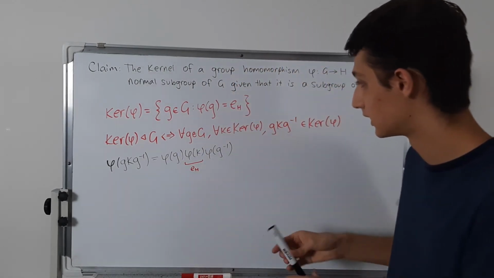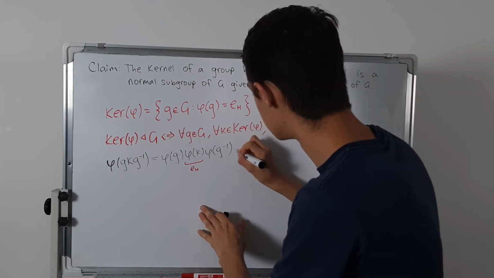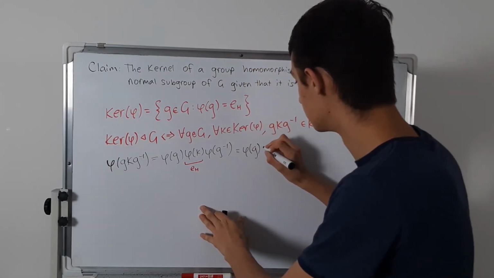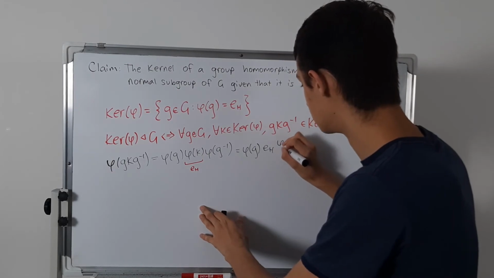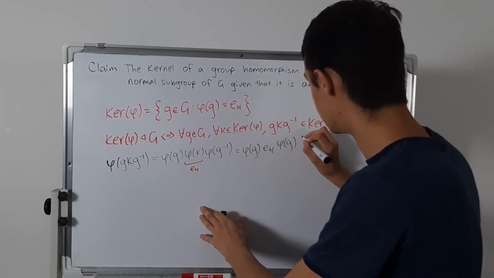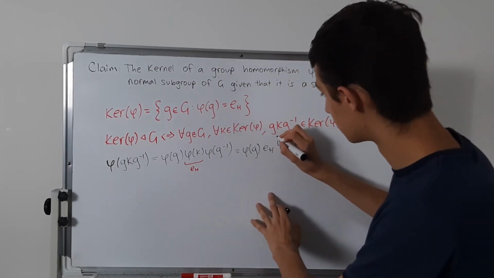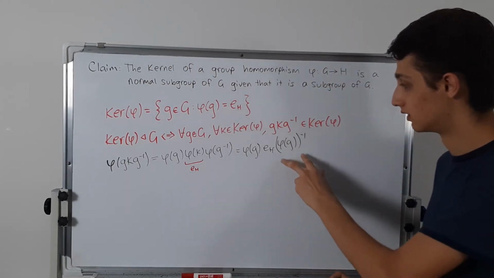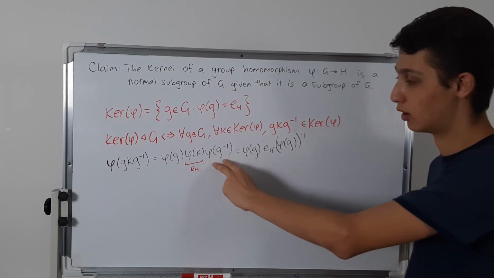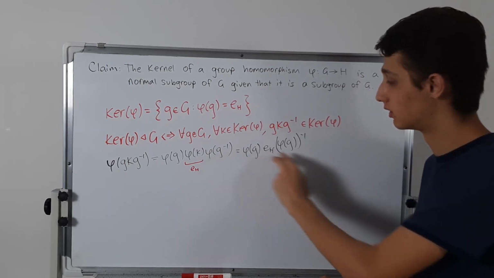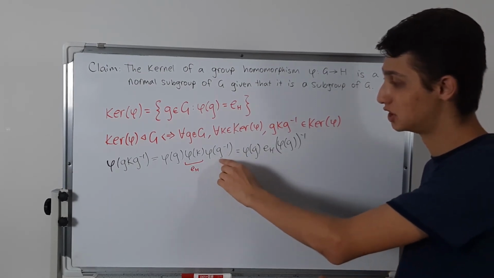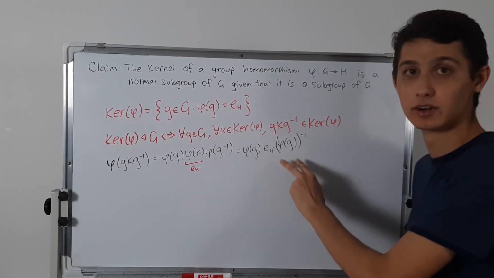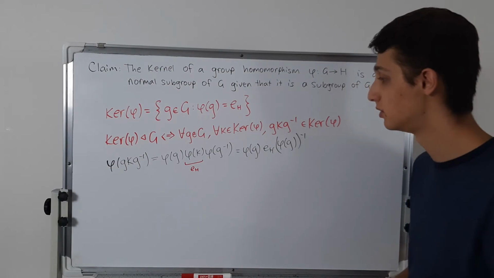So what that means is that we can rewrite this as phi of g times the identity in H times phi of g inverse. And that's because a homomorphism will map inverses to inverses. It takes g inverse and maps it to phi of g inverse through the homomorphism phi.